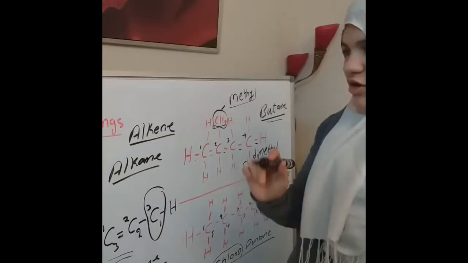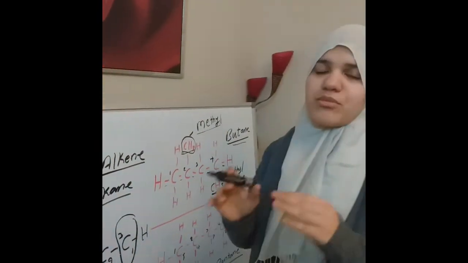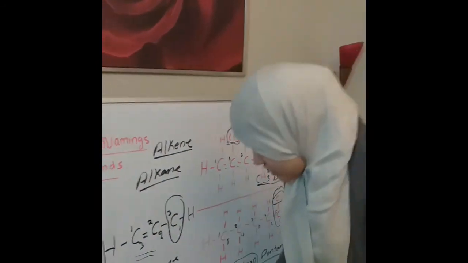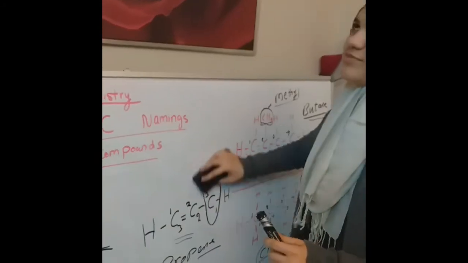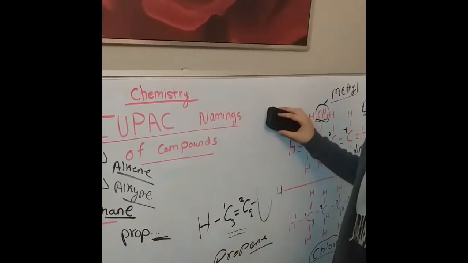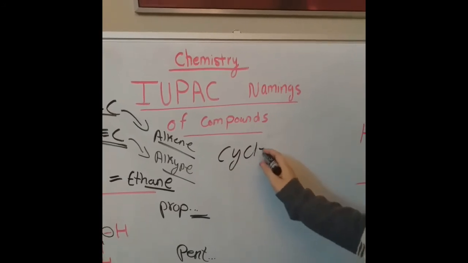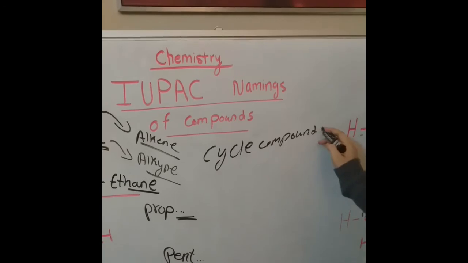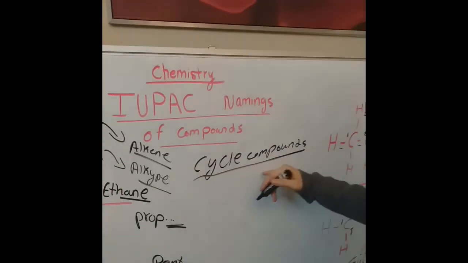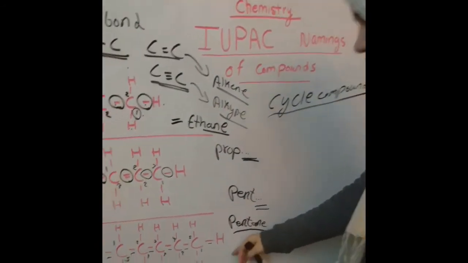But there's something else I want to tell you, the cycle compound. The cycle compound, we can note it by shapes. We can write it by the shapes. So let us see the cycle compounds. What are cycle compounds? I will take one example from here, which is pentane.